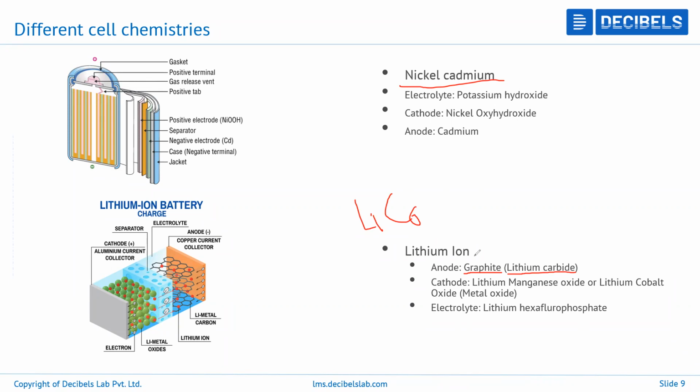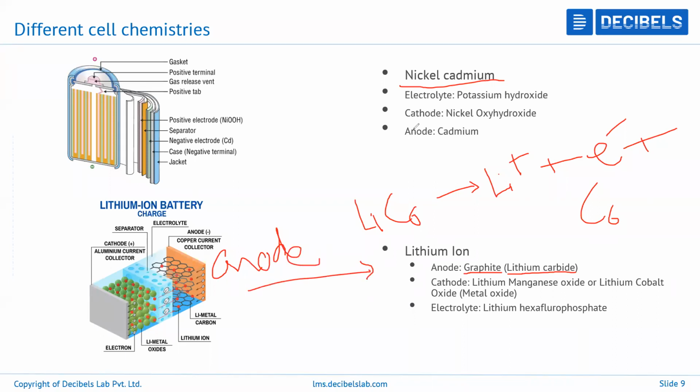When oxidation occurs, lithium carbide LiC6 will split into a lithium ion plus an electron plus a carbide. So this is your reaction at the anode, which I will just write down here.